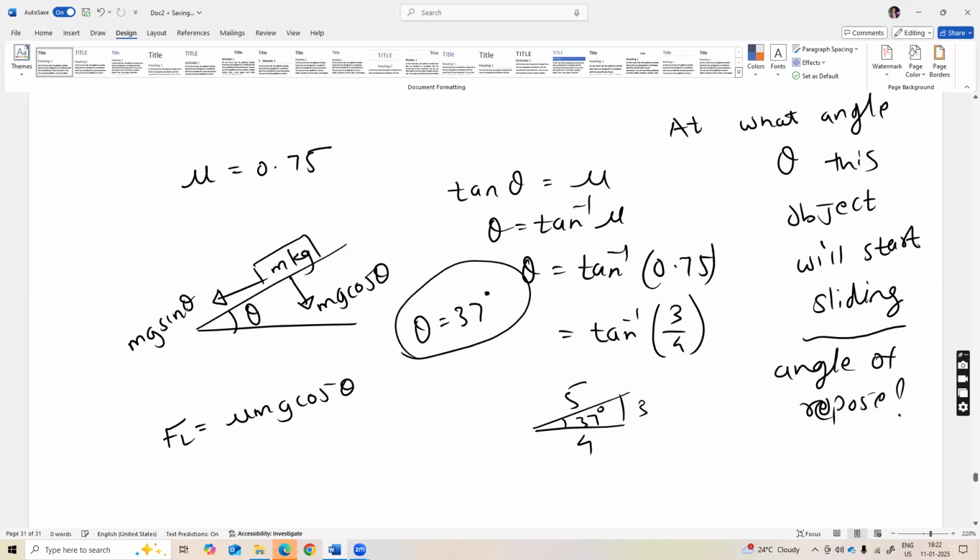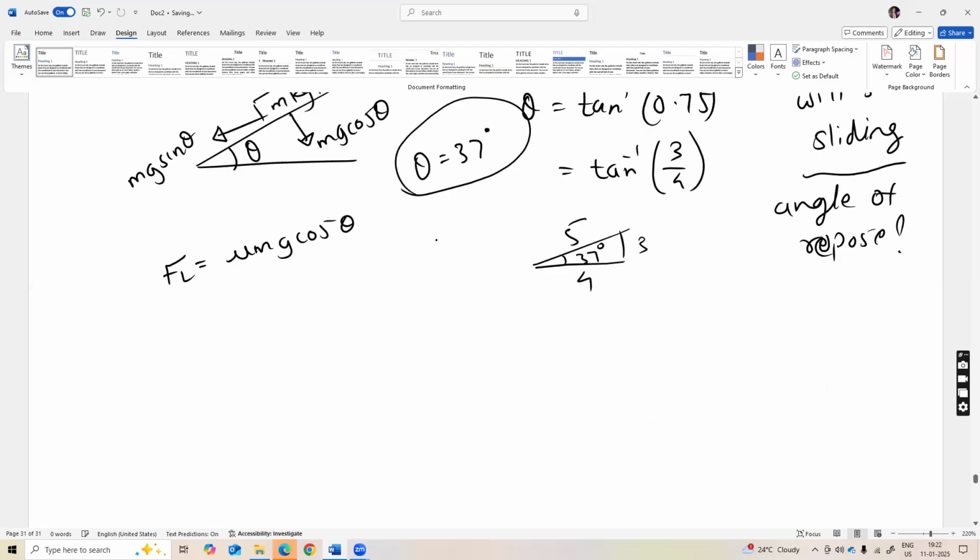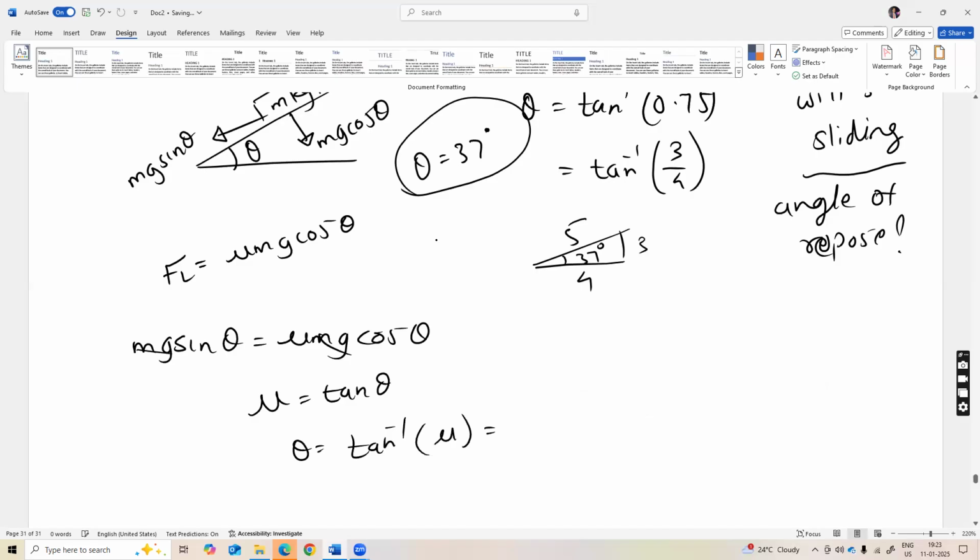When it starts moving downwards, mg sin theta is almost equal to mu mg cos theta. If you equate them, mg will get cancelled, and you will reach mu is equal to tan theta. So theta is equal to tan inverse of mu. Again, you can find that it is equal to 37 degrees. Okay, sir.